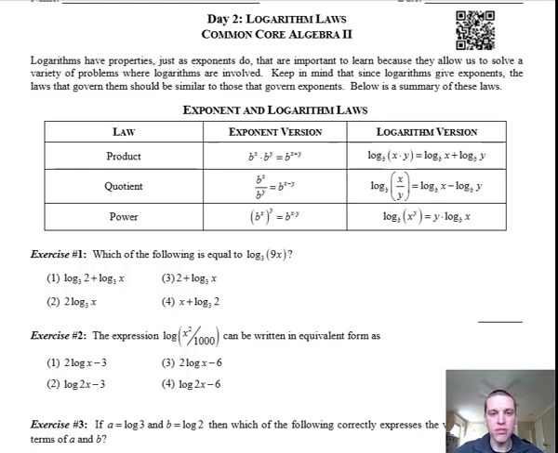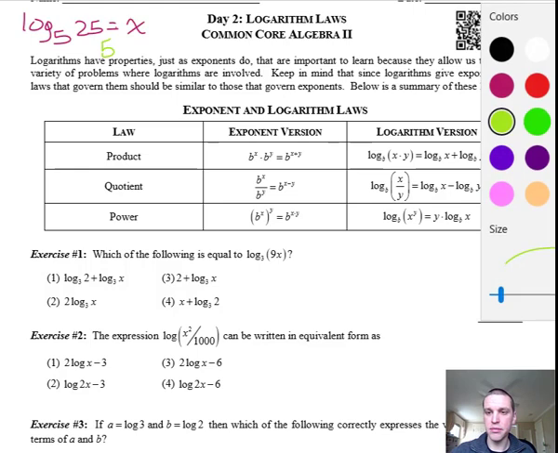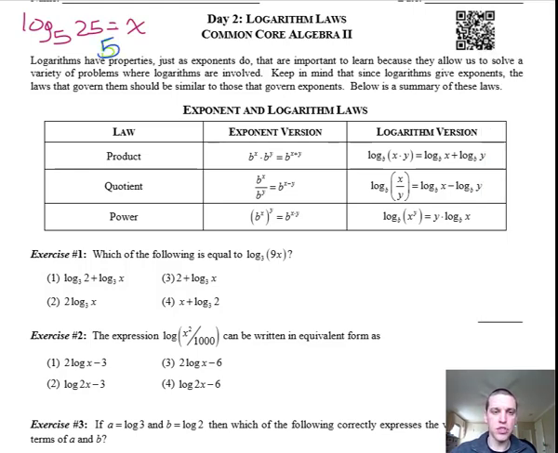Just as a reminder of what we did last class, if we look at this idea of log base 5 of 25 equals x, what are we looking at here? As I said, logs give you the exponent. So the thing we have to remember is that for the base, we think to ourselves, 5 to what power equals 25?